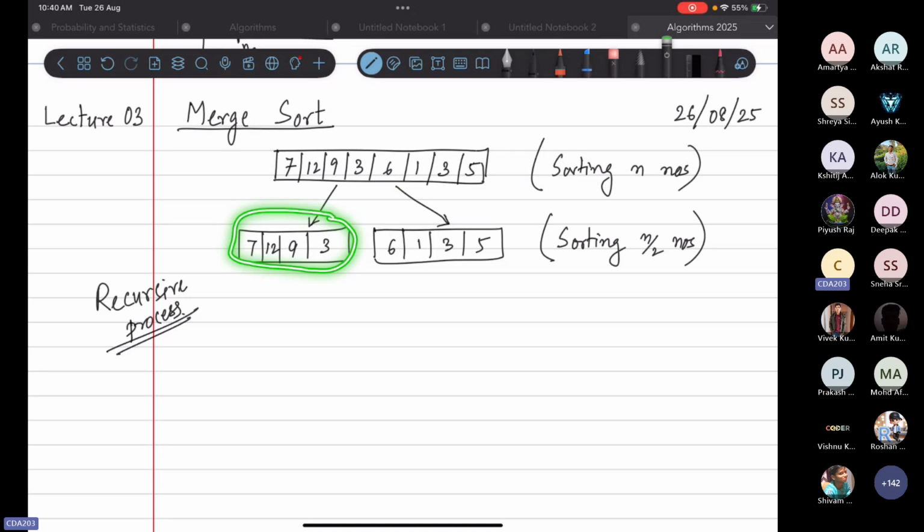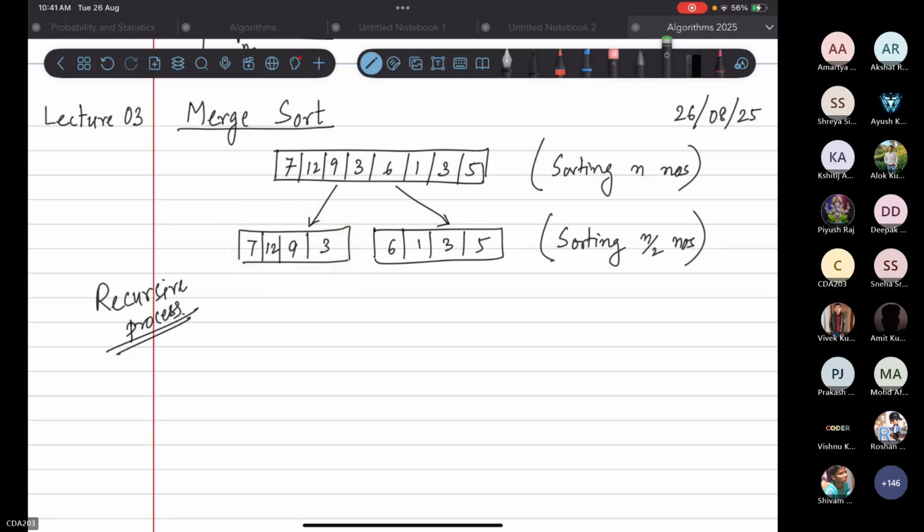Rather, we'll use the same merge sort for sorting these numbers. But this time, my problem size is smaller. So what should I do in this case? I'll simply say, apply merge sort on this subarray itself.